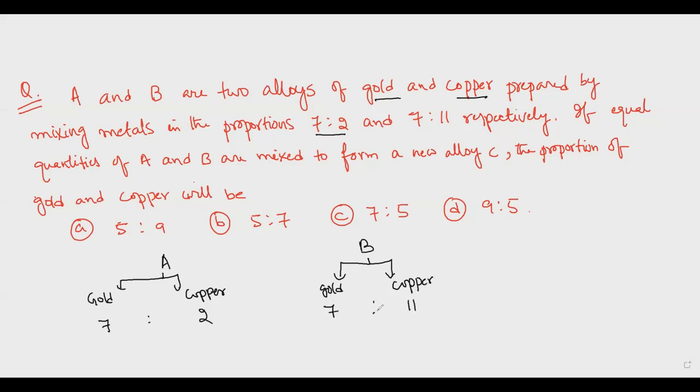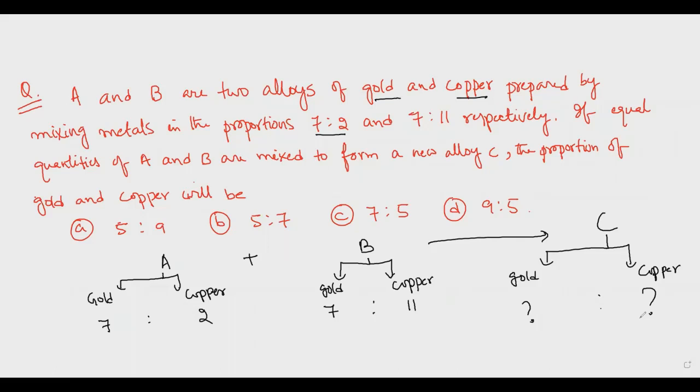Now, what we have to do is mix A and B and form another alloy. Now the question is about the gold and the copper in it.